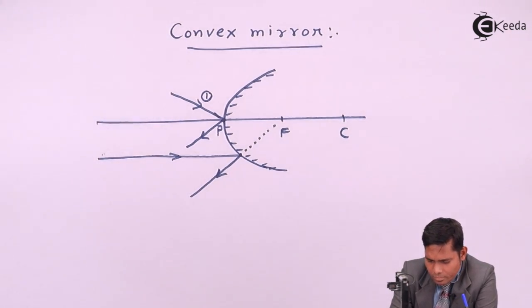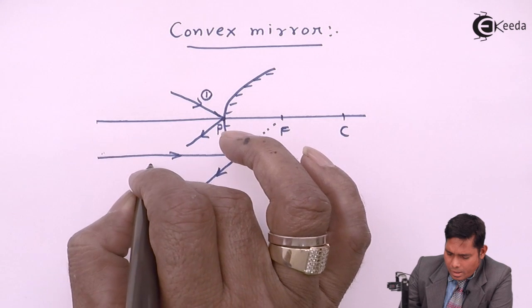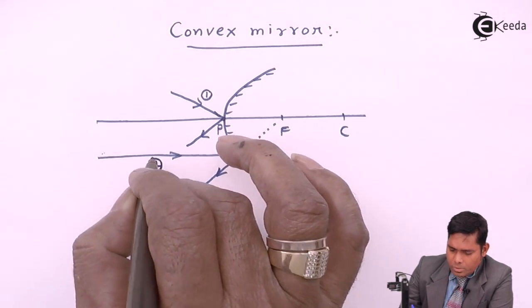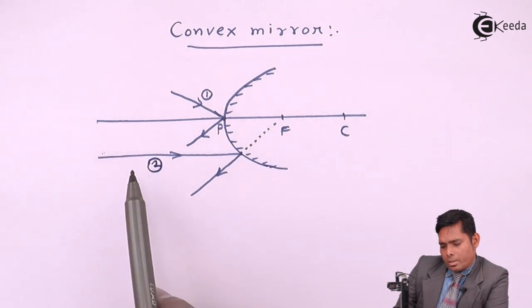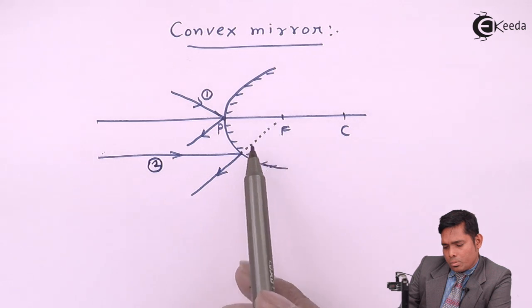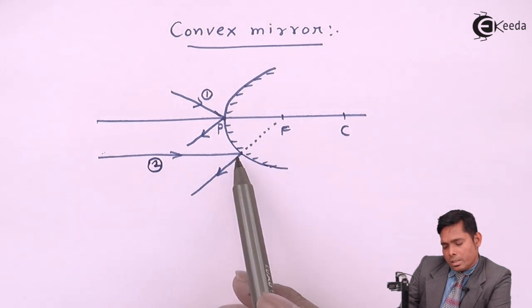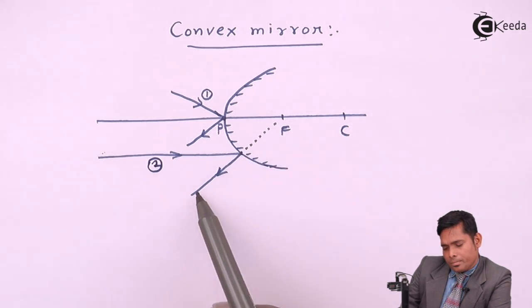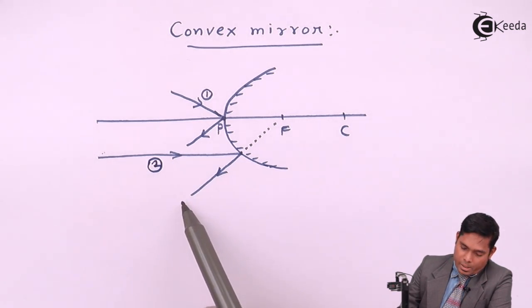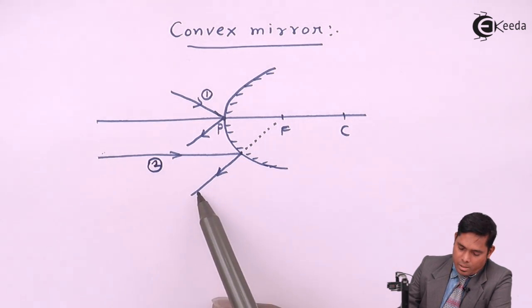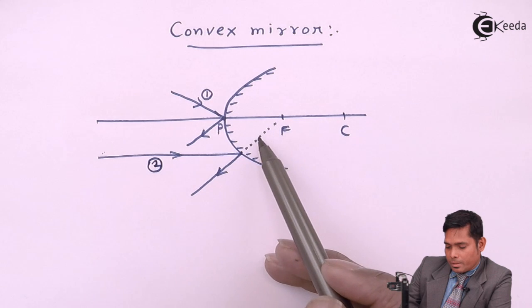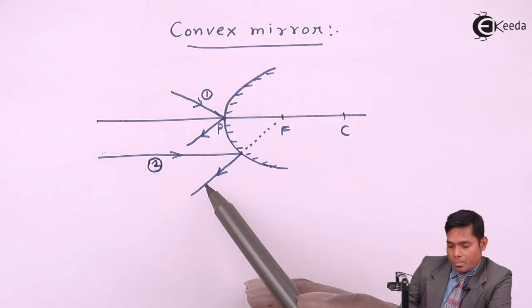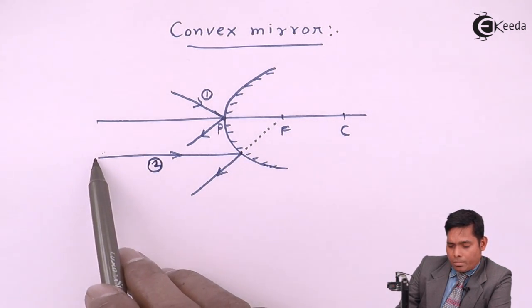Now I will call this ray the second ray. In this second ray, the ray is parallel, and now it seems to be passing through focus. It seems as if it is coming from here. If I stand here and look at this ray, the ray is supposed to be coming from this side, which actually is not the case. The ray is actually coming from this side.